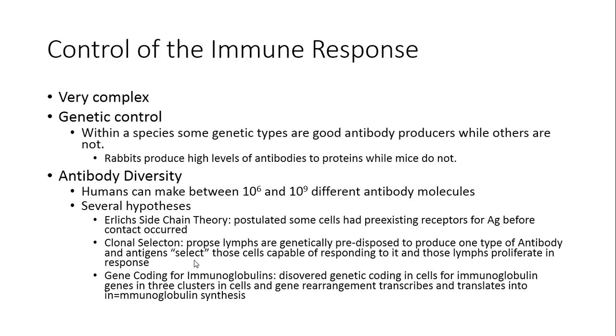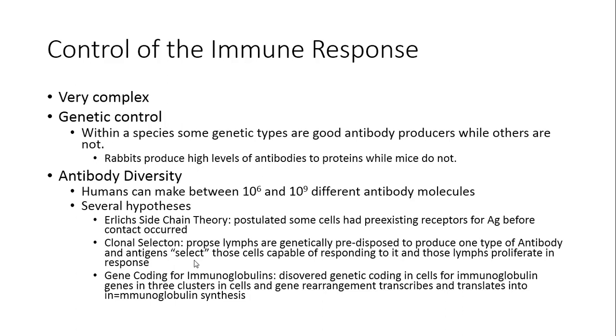And then I think that now we recognize that the more we understand and unravel the genetic coding of immunoglobulins, it's thought that genetic coding in cells looks at three clusters within cells, and the gene rearrangement that happens during cell differentiation ends up resulting in immunoglobulin synthesis in direct response to those genetic codes for the production of immunoglobulin.